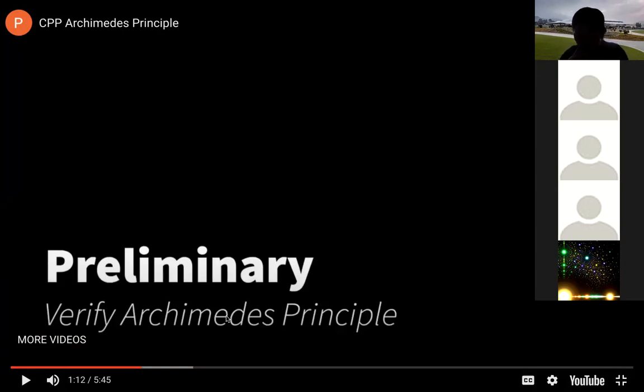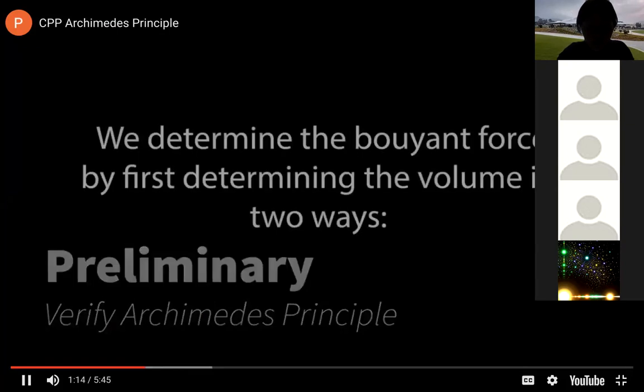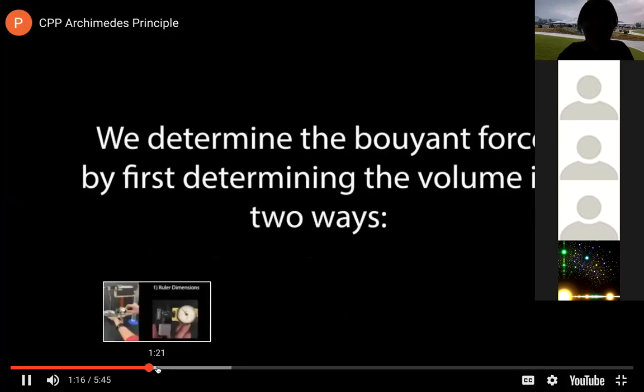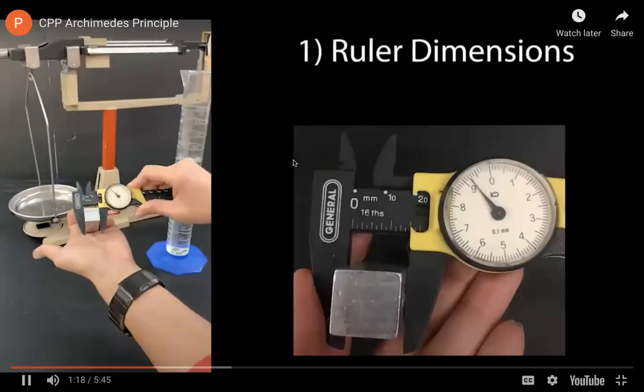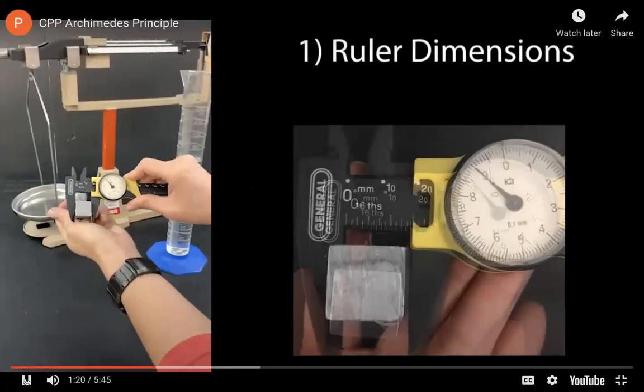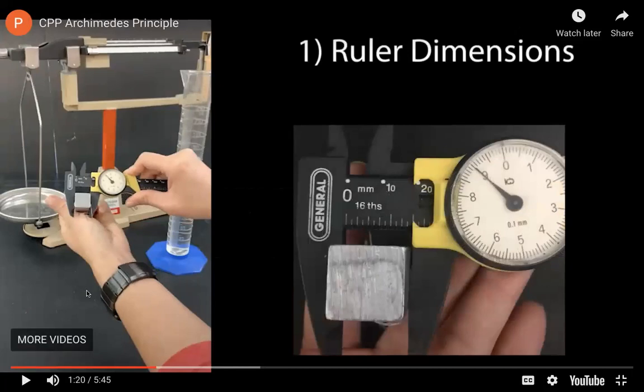So this is a block, and to get the volume of this aluminum block, they measured the length, the width, and the height.